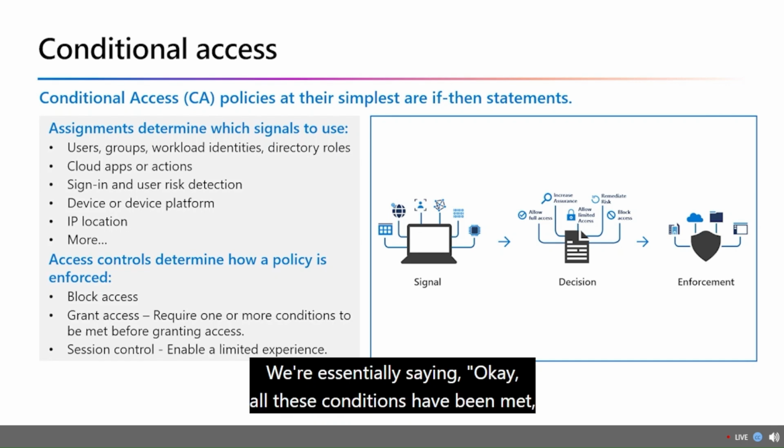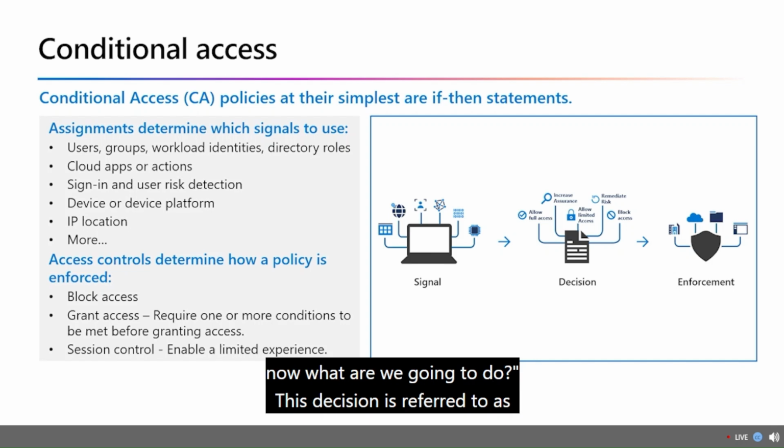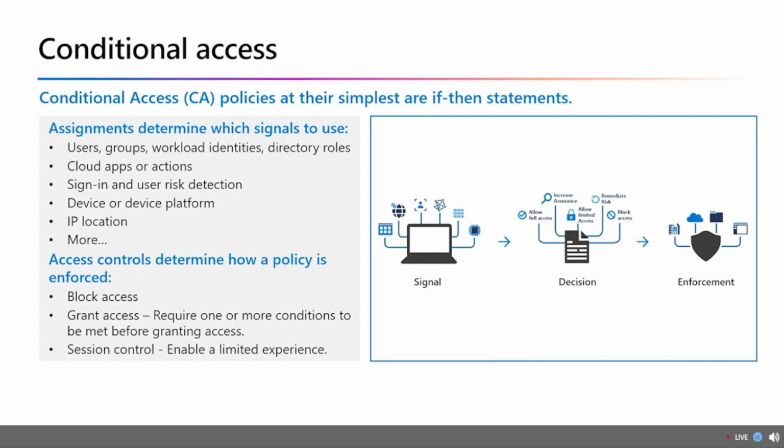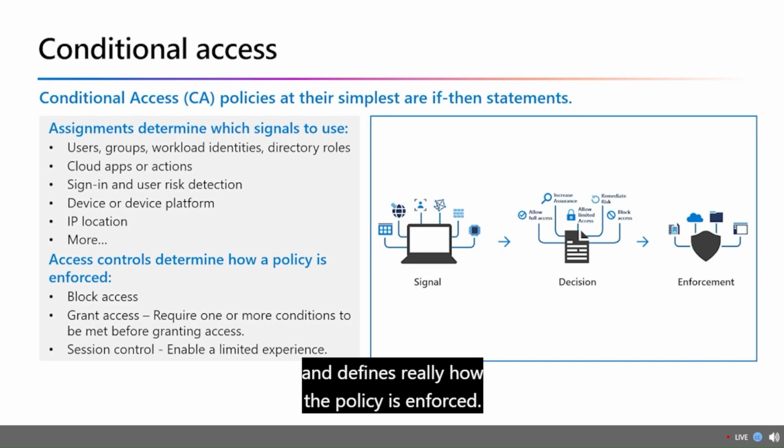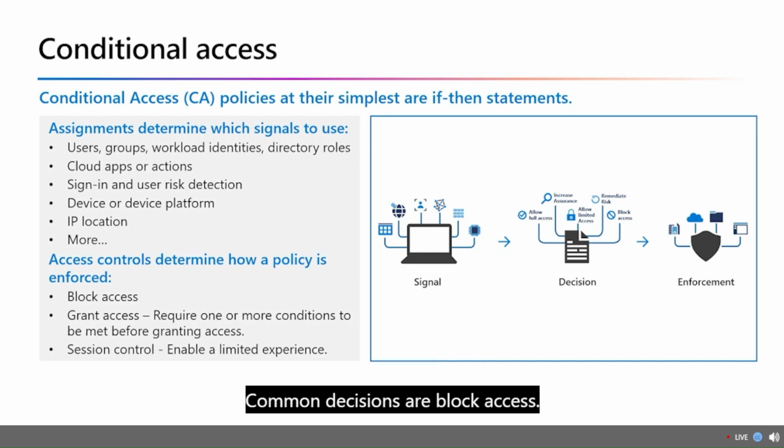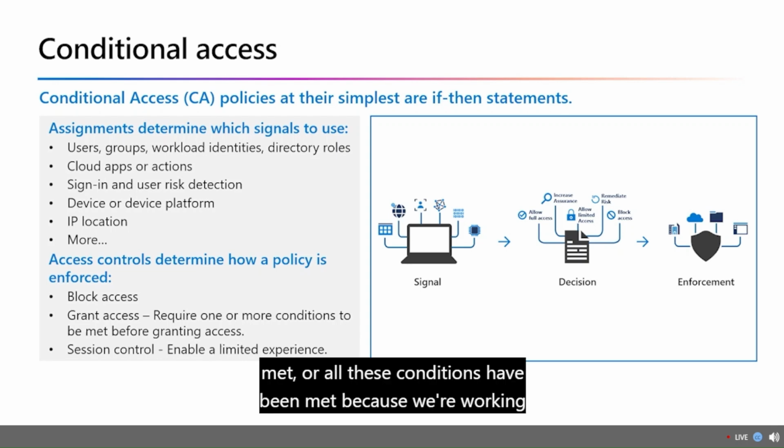So we're essentially saying, okay, all these conditions have been met. Now what are we going to do? This decision is referred to as the access control portion of the conditional access policy and defines how the policy is enforced. So common decisions are block access, because all these conditions have been met and we're working on the deny sentence and we want to block access.